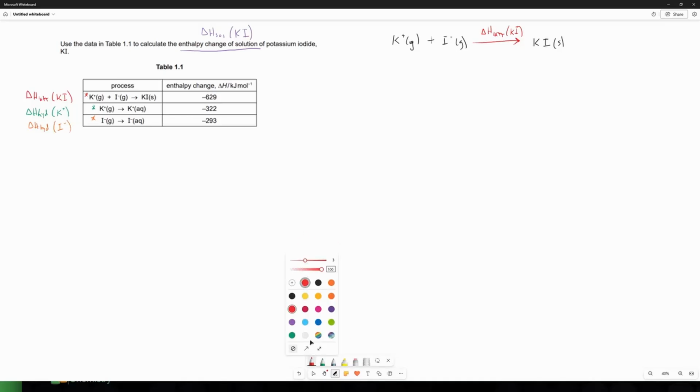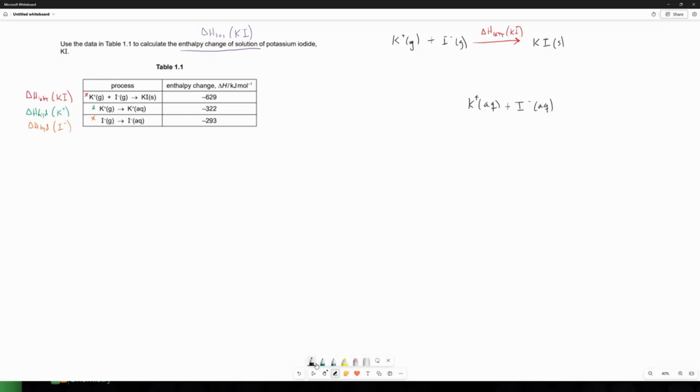Now the other part, the third part of our triangle, we're creating a Hess cycle here for lattice energies. In the bottom is going to be the ions again, but not in the gas state. These are going to be the ions in the aqueous state. K plus aq plus I minus aq. So here we have the potassium ion and the iodide ion, but unlike in the top left, we have them in the aqueous state.